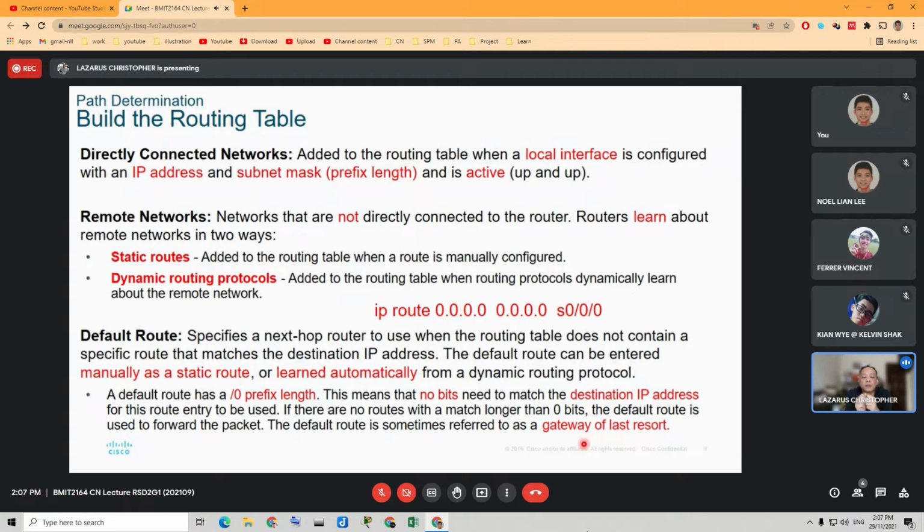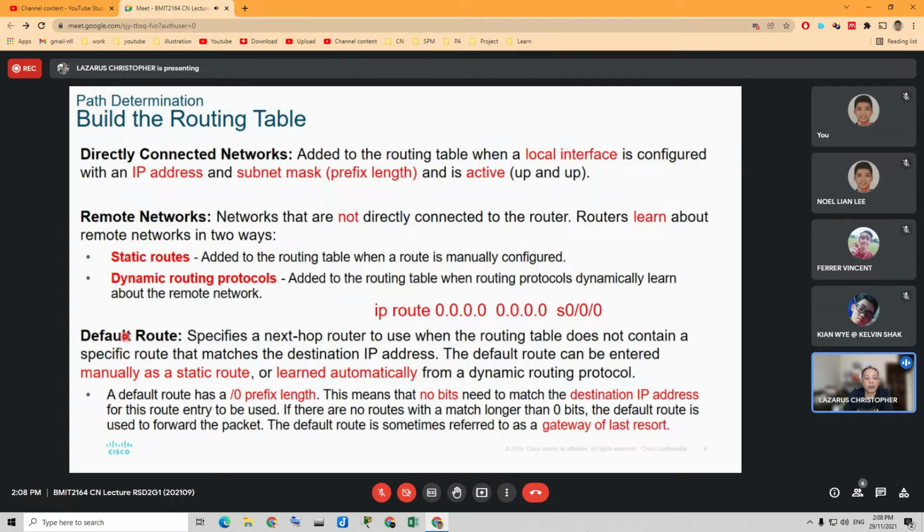This is specified by the administrator, or learned automatically from other routers. If this fails, meaning there's no default route, the packet is dropped.